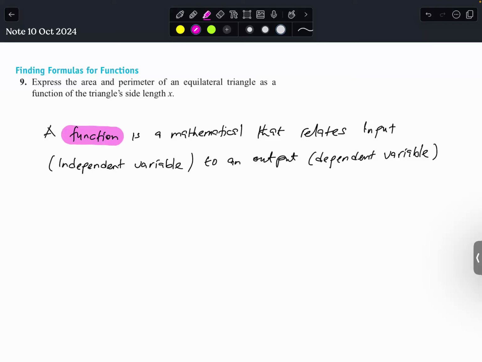Okay, so let's start by sketching our reference triangle. We have an equilateral triangle, which we can draw something like this. So we assume that this is equilateral, so this and this are equal.